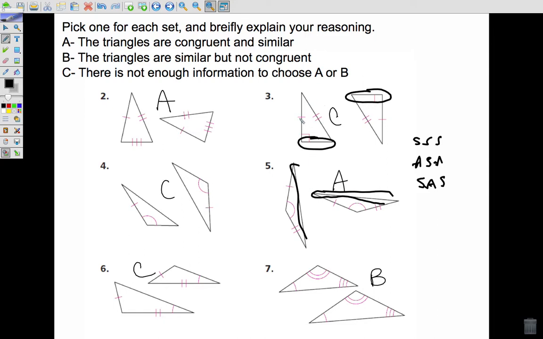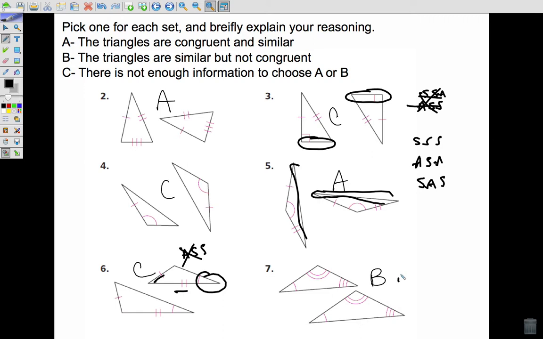This one is going side, side, something, or side, side, angle, or the bad word, angle, side, side. And we never know anything because it's a bad word. We can never use it. That's why this is a C. C here, because we have, again, an angle and then 2 sides. Bad word, we don't know anything.